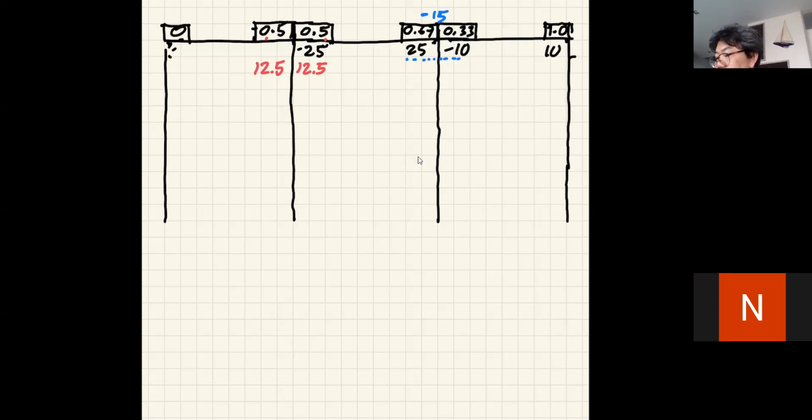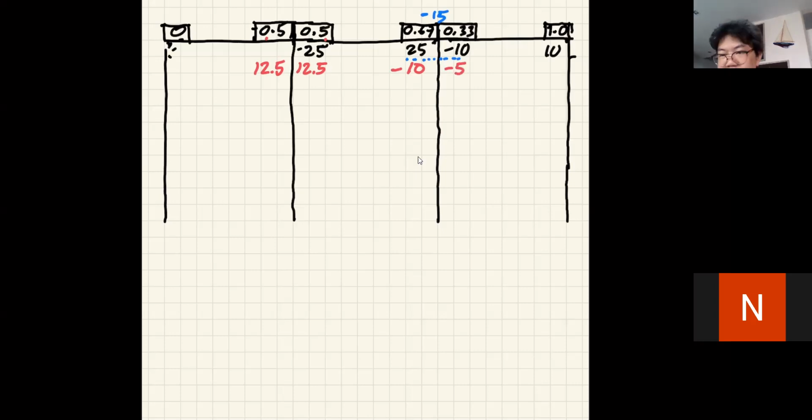All right, and 2/3 of that is going to come from member BC. So 2/3 is minus 10. And 1/3 is going to come from member CD, which is minus 5.